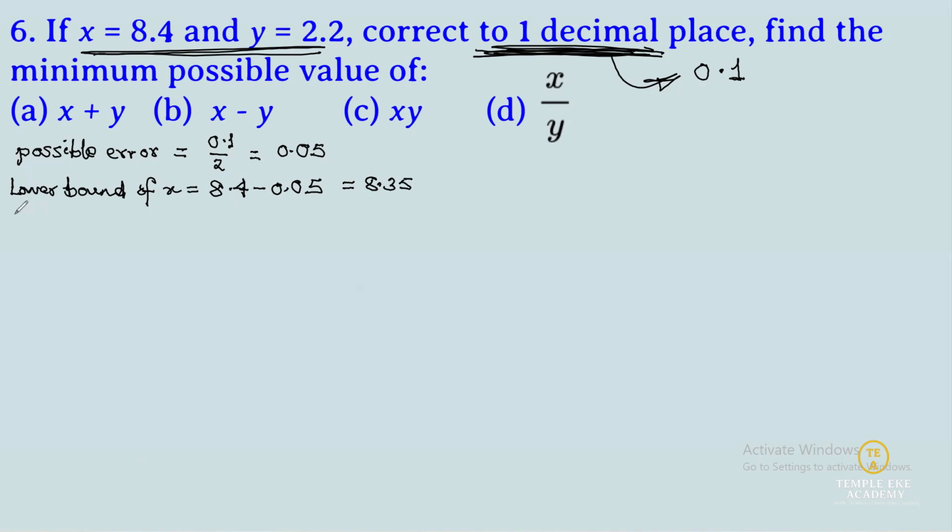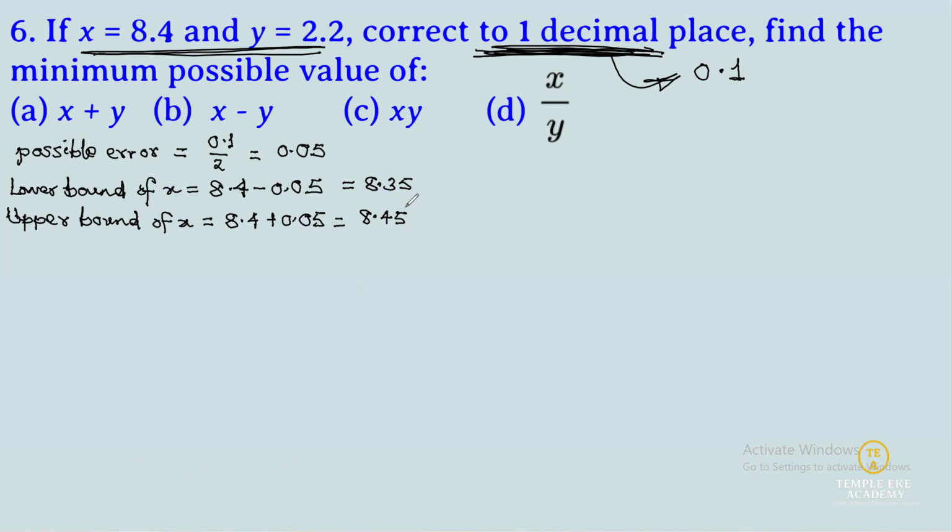The upper bound of x is going to be by addition, so 8.4 added to 0.05. And this is going to give us 8.45. So we have the upper and lower bounds for x.